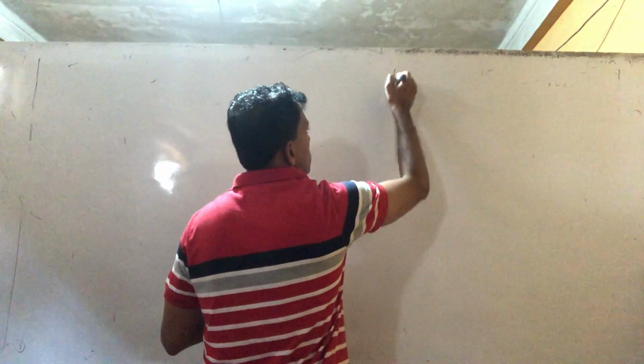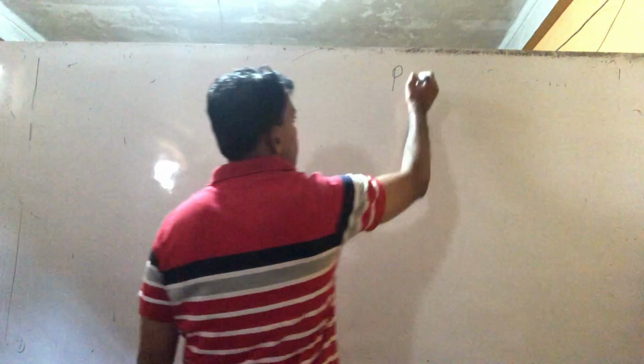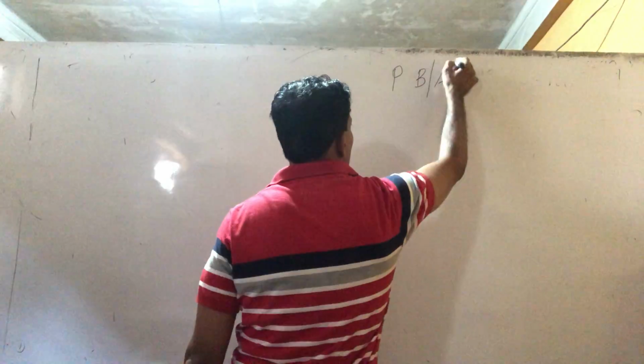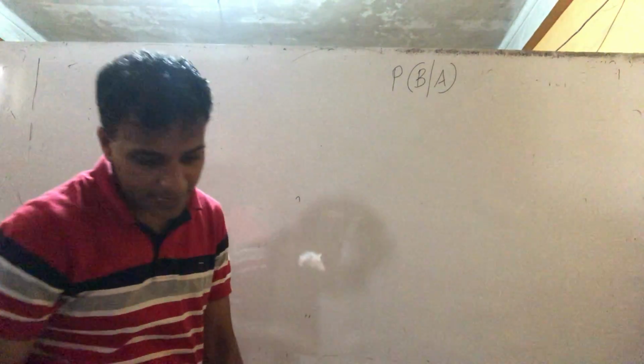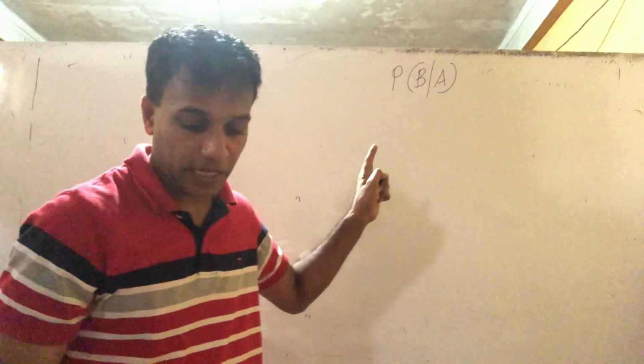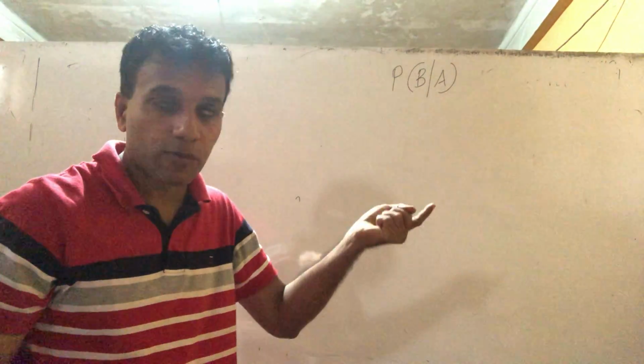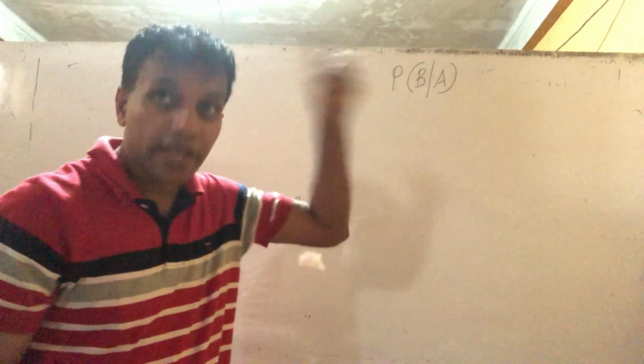Such that probability of B given A. This is called conditional probability. That means A has already occurred, find the other probability. Probability of B given A, already occurred, is half.